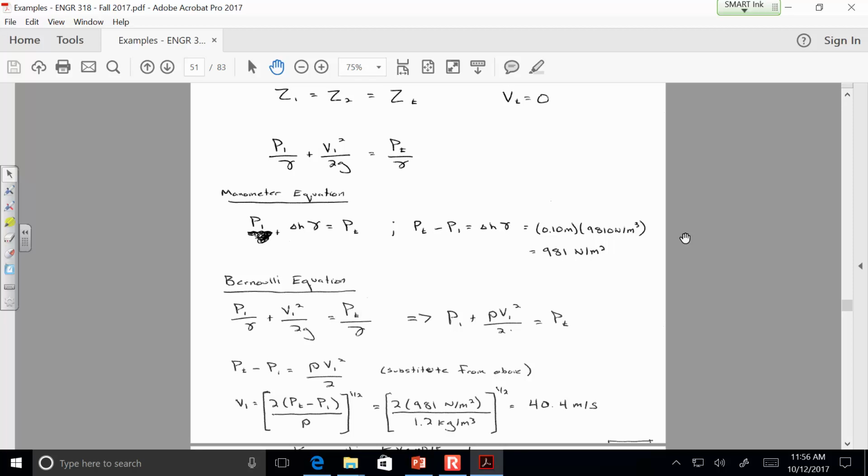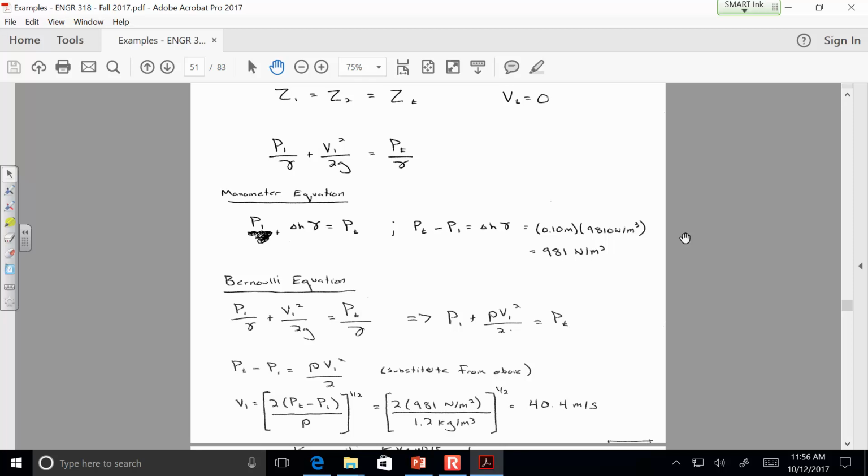and in gases the pressure doesn't change very much when we move up and down through a gas. And so what we're saying is since location 1 is in the center of the pipe, the pressure at the center of the pipe is pretty close to the pressure here at the interface of the air and the water on the left side of the manometer.